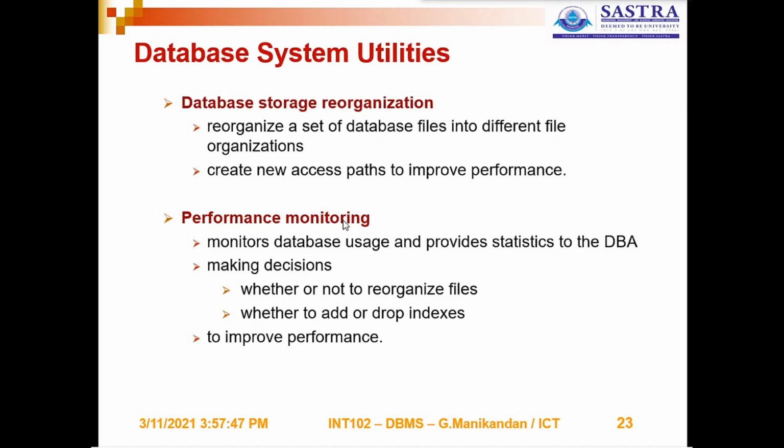These are the options that can be used by your database administrator. So ultimately, what is the use of these utilities? These utilities are to improve the performance. These are some of the utilities supported by your database system.